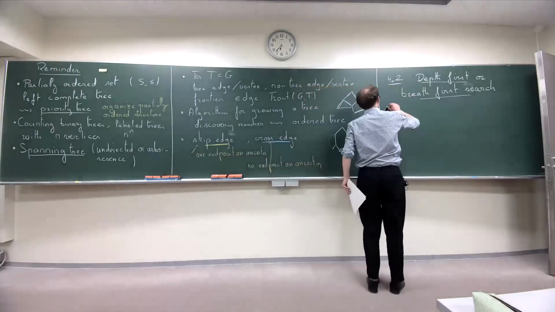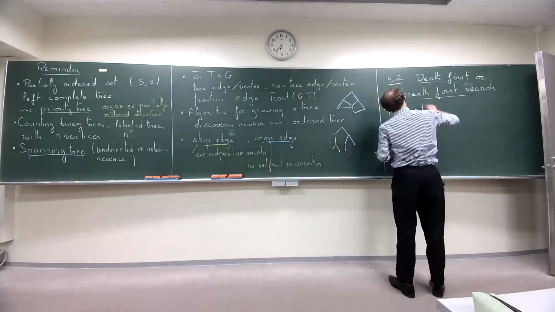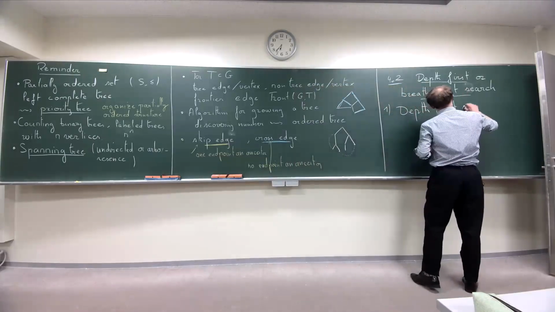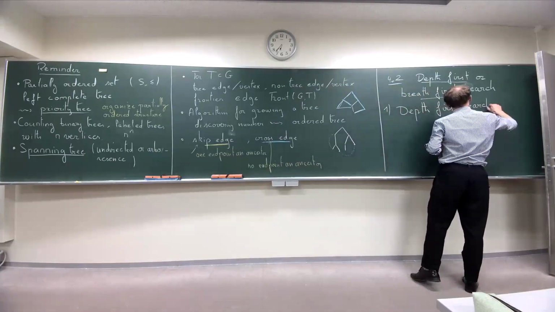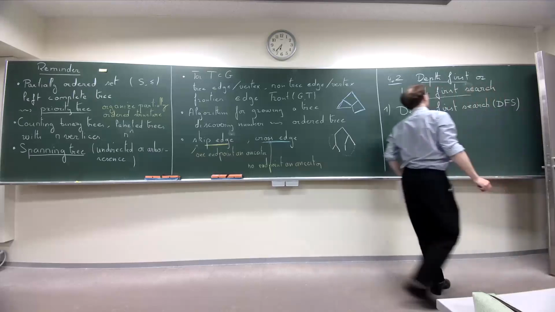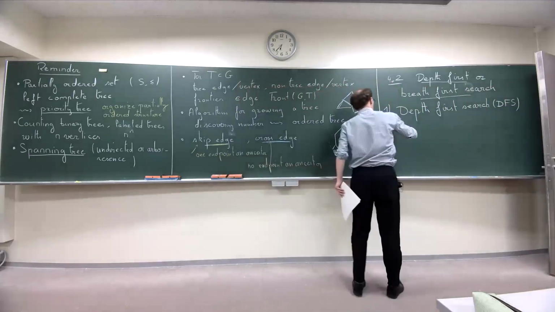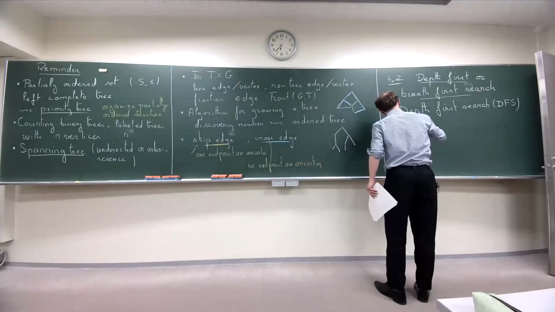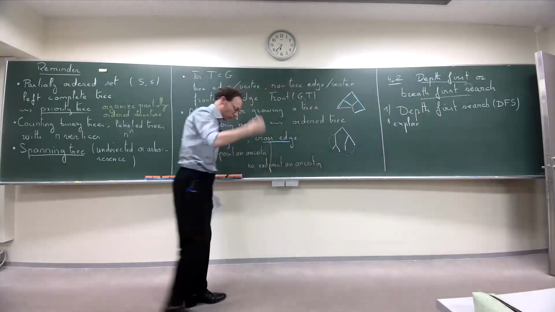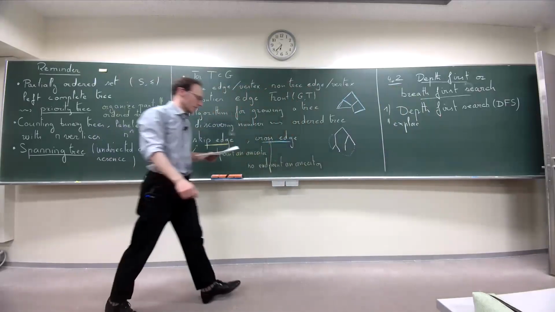So the first one is depth first search, which I'm going to abbreviate DFS. So what is it? First, I write a sentence. The idea is to explore. So remember, what I want to do is to create a tree inside a graph.